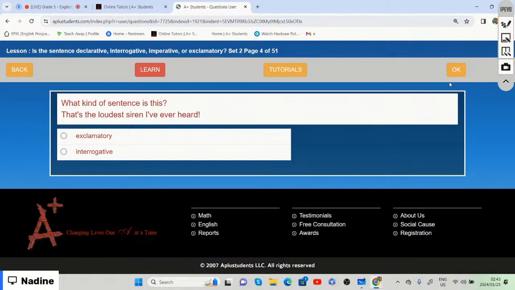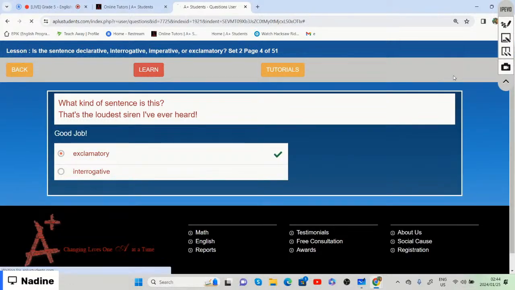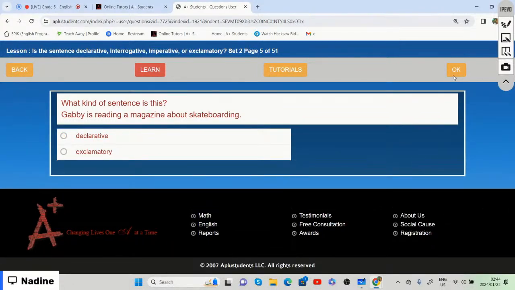And once again, it is an exclamatory sentence. And it ends with an exclamation mark. So well done. Exclamatory is correct. So well done, everybody.